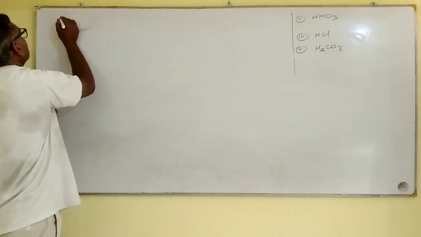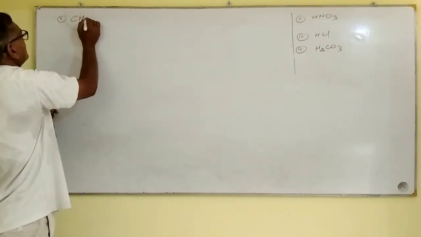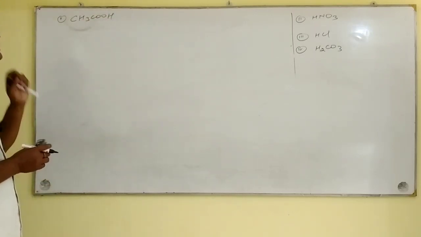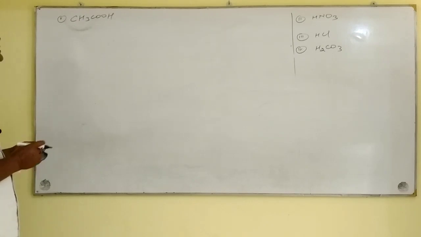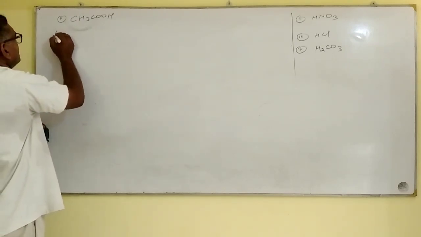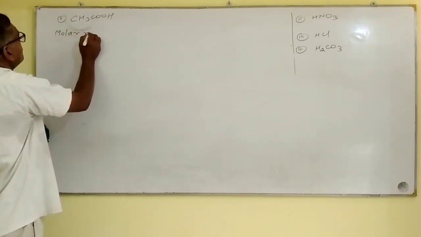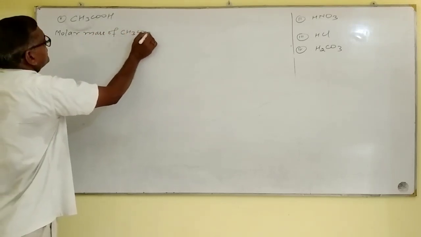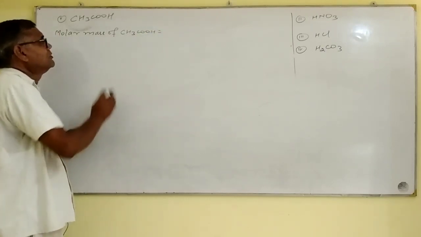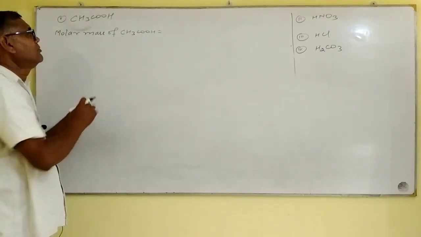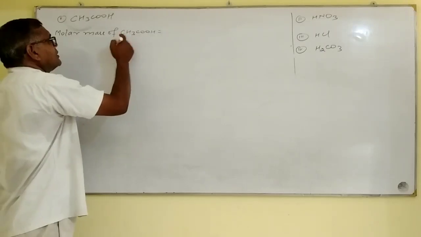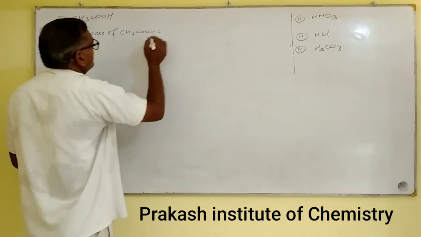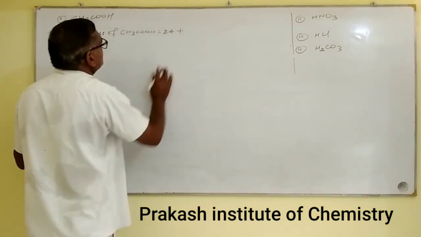Acid is CH3COOH. It is called acetic acid. We write molar mass of CH3COOH is equal to, in acetic acid, number of carbon atom 2. We multiply 2 and 12, we get 24.